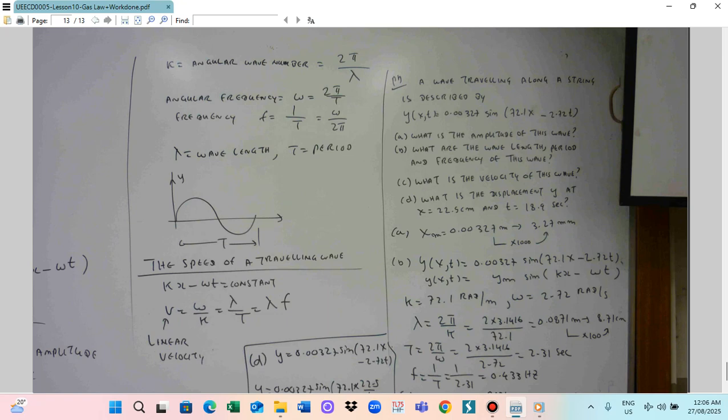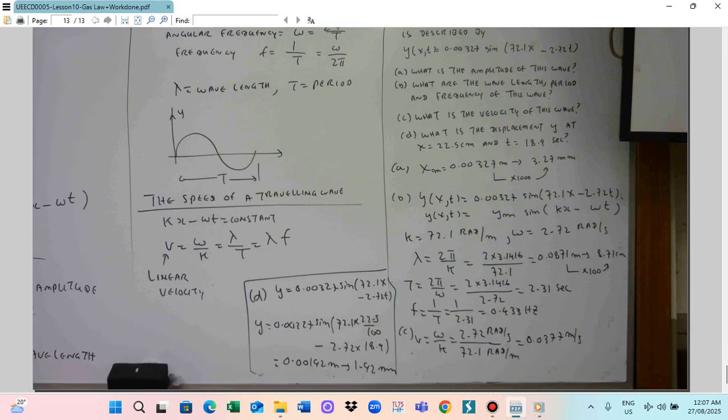Speed of the traveling wave. In this case, the speed of the traveling wave can also be calculated by a formula. The equation is kx minus omega t equal to constant.